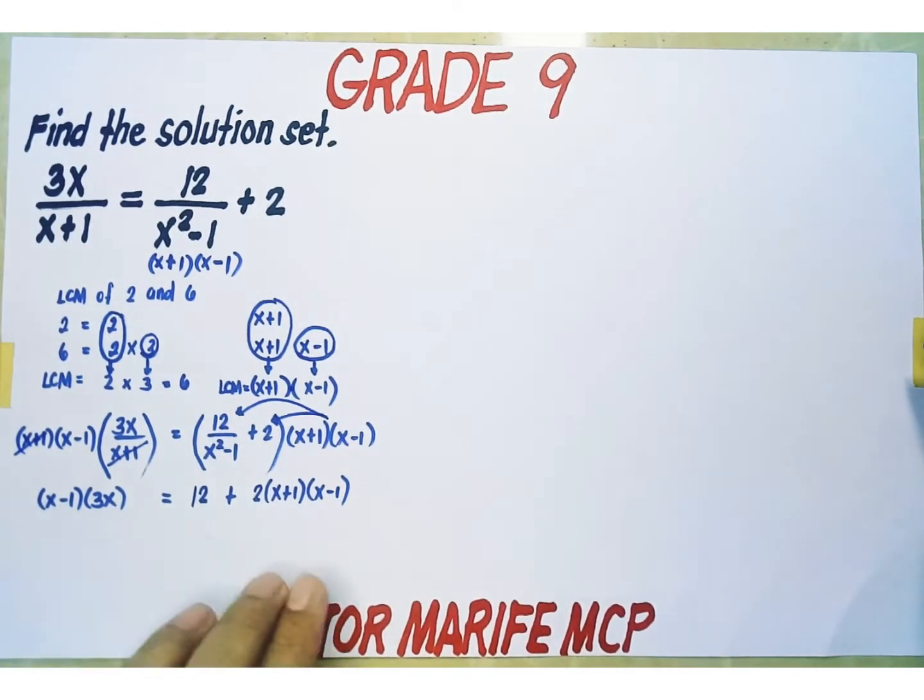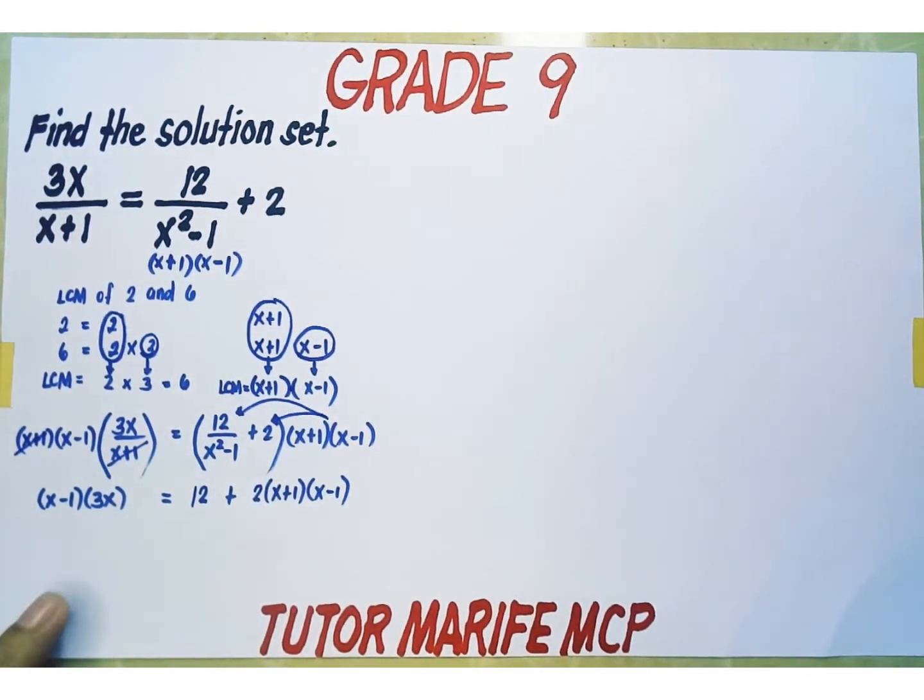When dealing with equation naman involving parentheses, our goal is to eliminate the parentheses. So, elimination na naman, pero this time, parentheses ang kailangan nating i-eliminate. So, how do we eliminate parentheses? Use the distributive property.